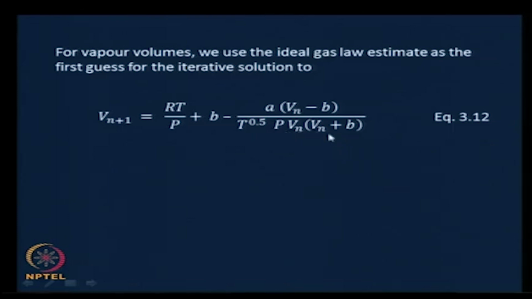If we put in a guessed value of Vn, we get a calculated value of V(n+1) from the right hand side, and if the difference between the calculated value and the guessed value is negligible, we can stop the iterations. We said negligible should be within 1 or 2% of the guessed value.